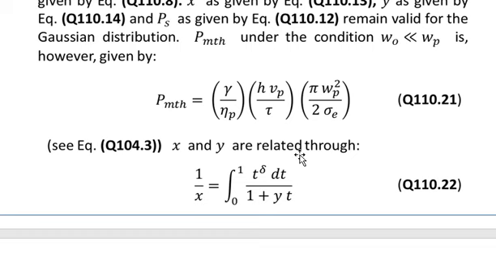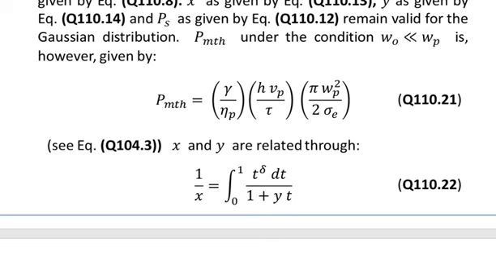And X and Y can also be related through this relationship, for which I am not giving you any proof. So 1 over X is equal to the integral from 0 to 1 of t raised to the power delta dt, where t is the integral variable, and in the denominator we have 1 plus y t.